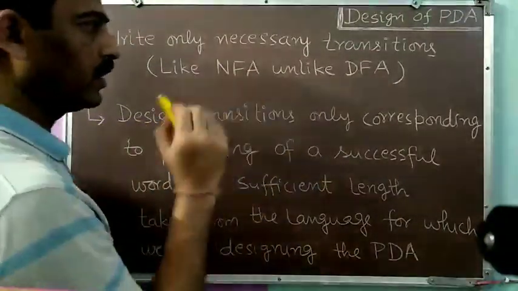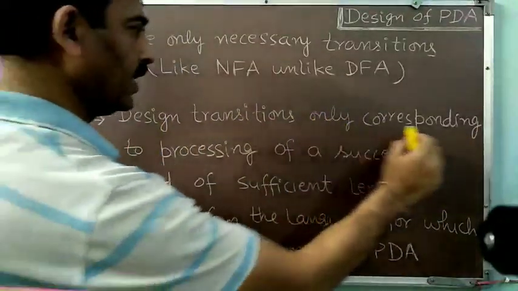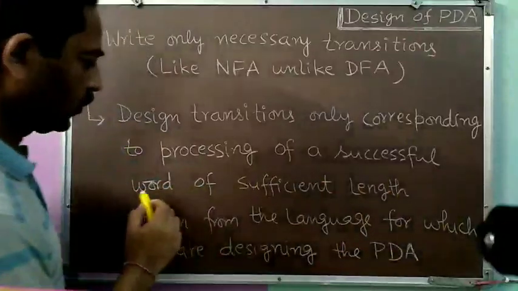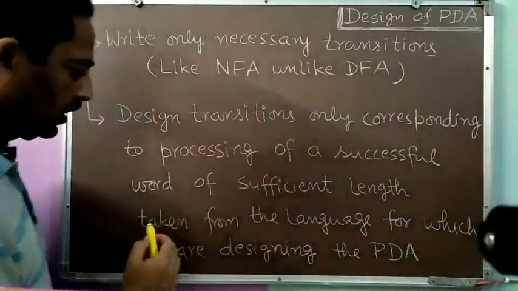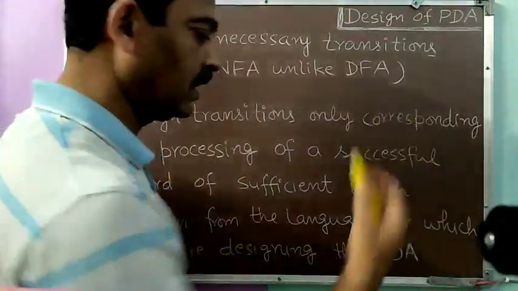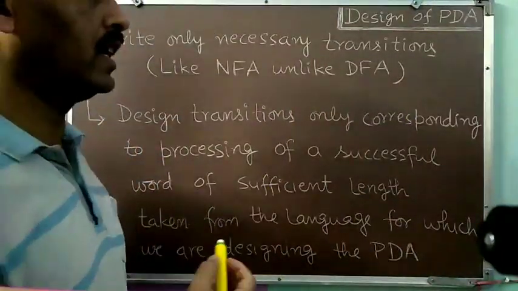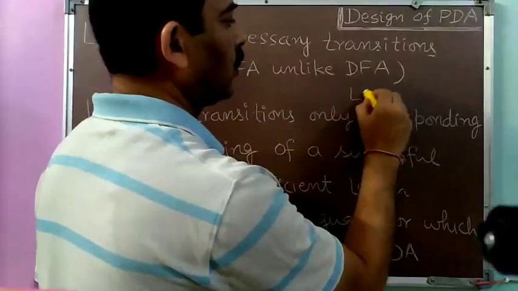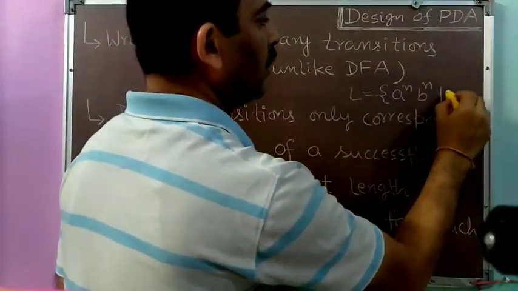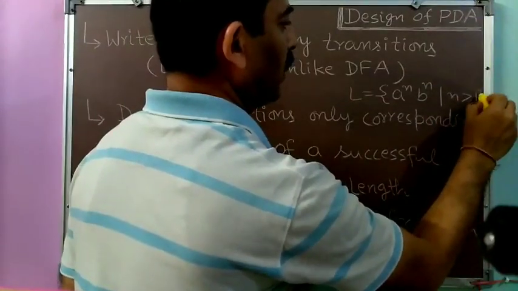So while designing the transitions, we will be designing transitions only corresponding to the processing of a successful word of sufficient length taken from the language for which we are designing the PDA. Suppose we are designing a PDA for the language L equal to a to the power n, b to the power n, n greater than or equal to 1.